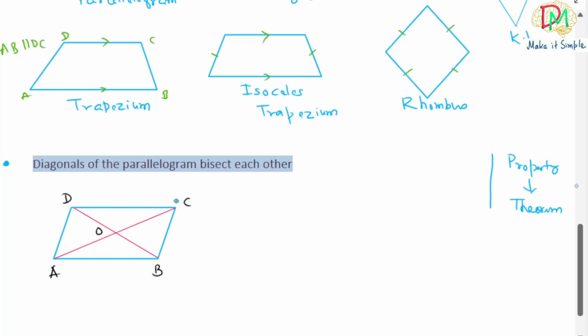Let's consider a parallelogram ABCD, and here you can say AB parallel to CD, and also AB is equal to DC.